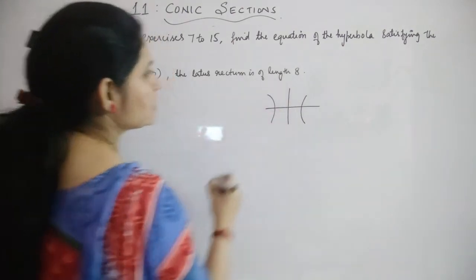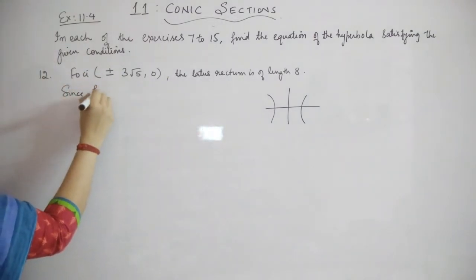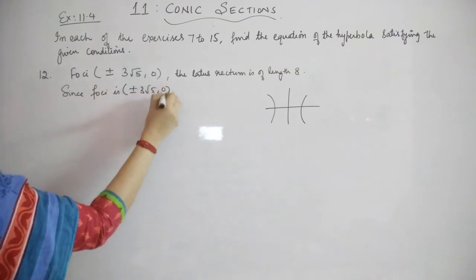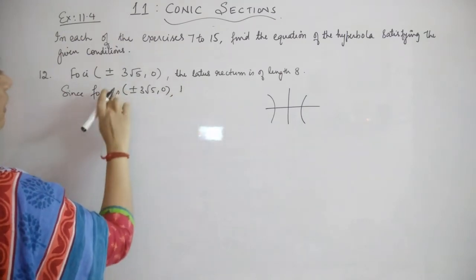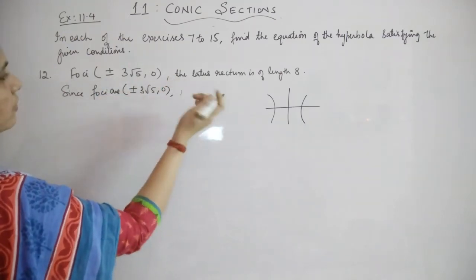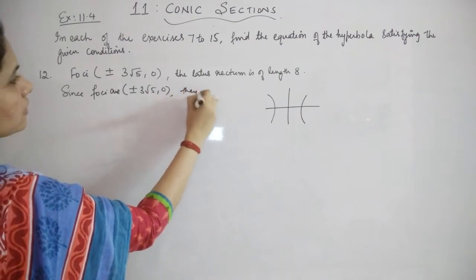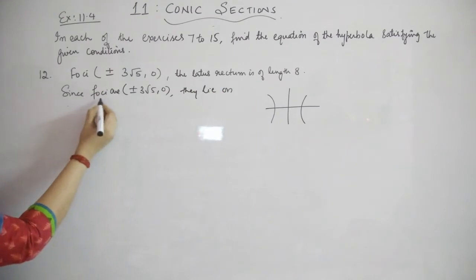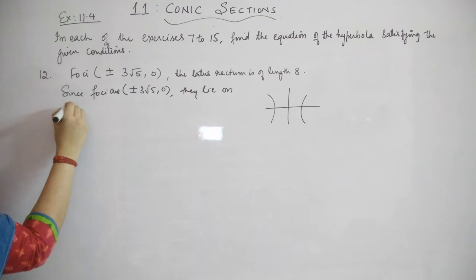So you can say that since foci is plus or minus 3 root 5 comma 0, the foci are, they are plural, a plural of a focus, so they lie on the x-axis.